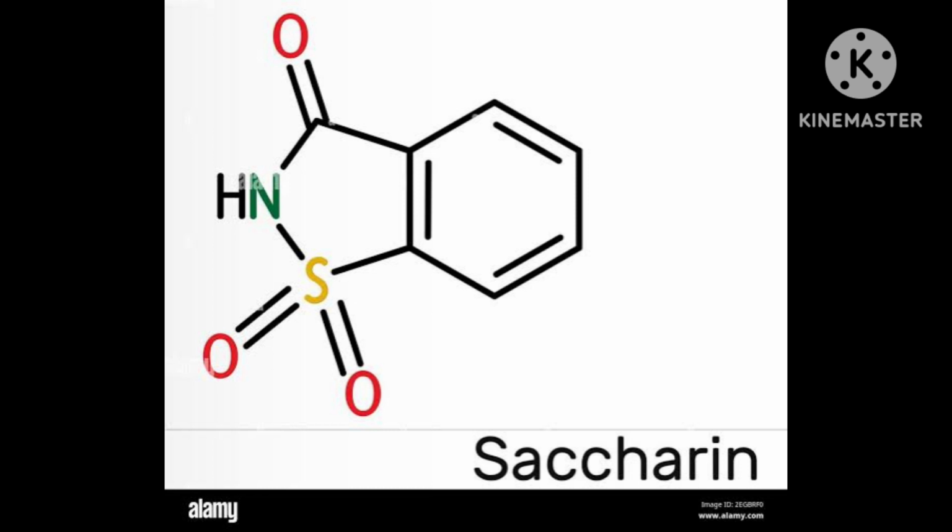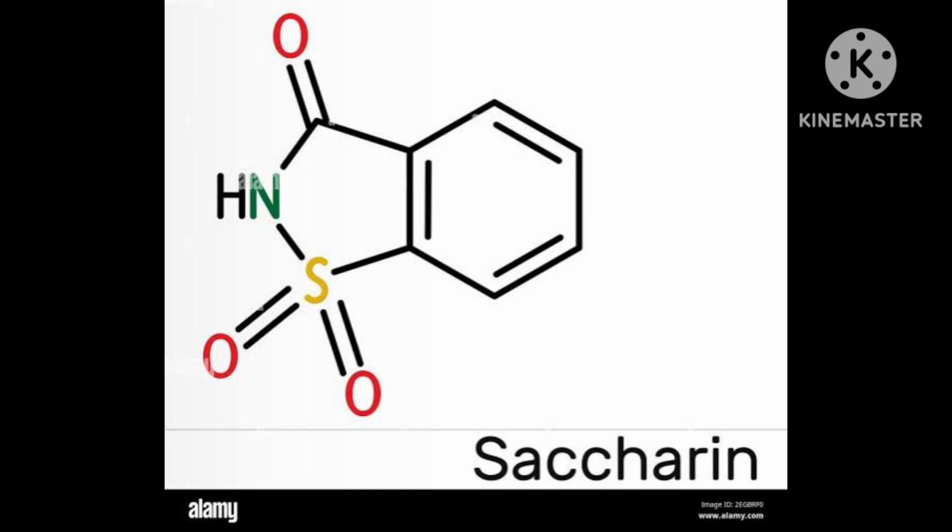And seventh, the nutritional supplements such as minerals, vitamins and amino acids. These are added to the food. So, seven I have discussed, these are the additives used in food.